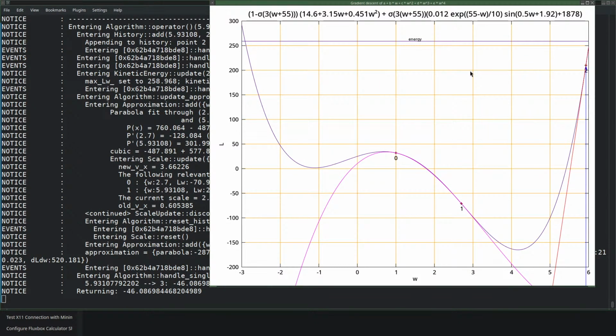That point, 5.9. And I have no idea what happened. The next jump is to minus 46. Really? Really?